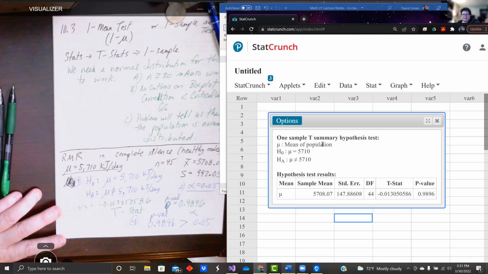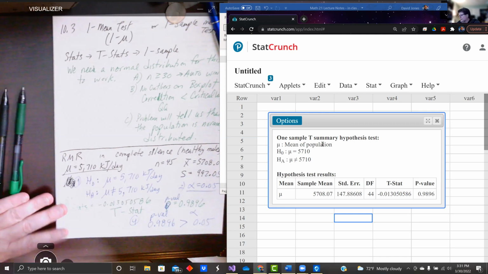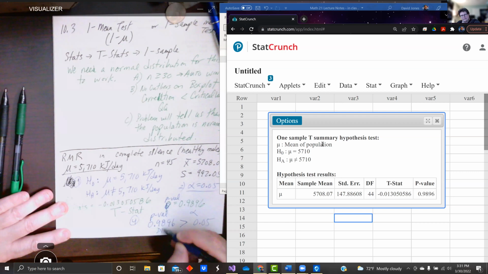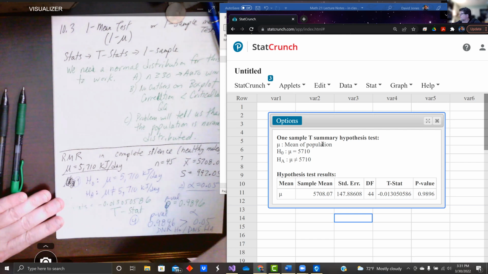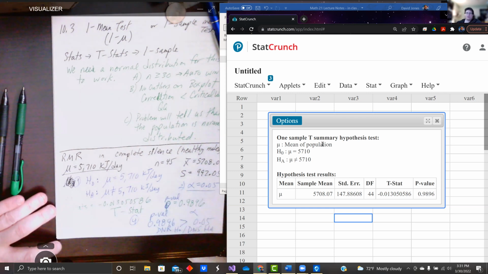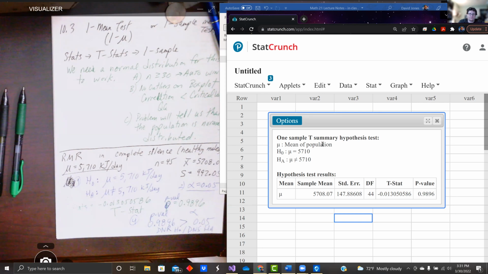The p-value is not too low, so we don't reject H naught, and we do not support HA. Okay.